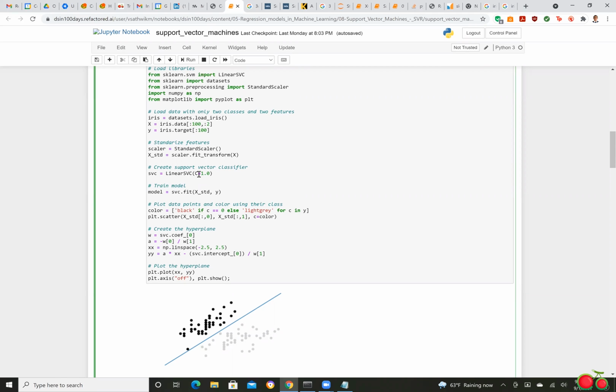Overfitting basically means that when a model fits to the noise in the data, rather than learning the general trend in the data, it fits to the noise. Such a model will have very high accuracy in your training set, because it has seen every data point in your training set.